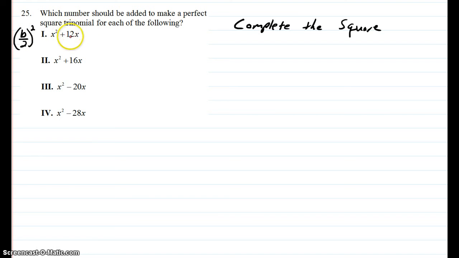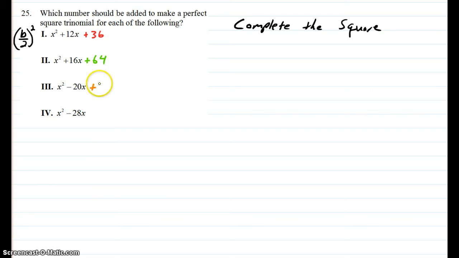So what's half of 12? 6. 6 squared is 36. Half of 16 is 8. 8 squared is 64. Now, even with the negative, half of negative 20 is negative 10, but when we square, a negative times a negative is a positive, it's always going to be adding here.